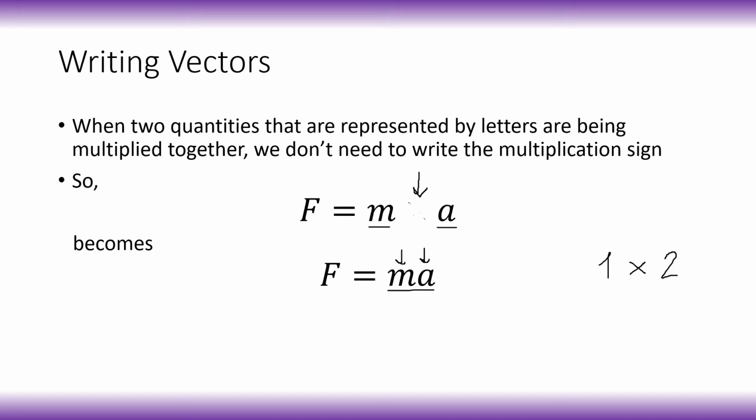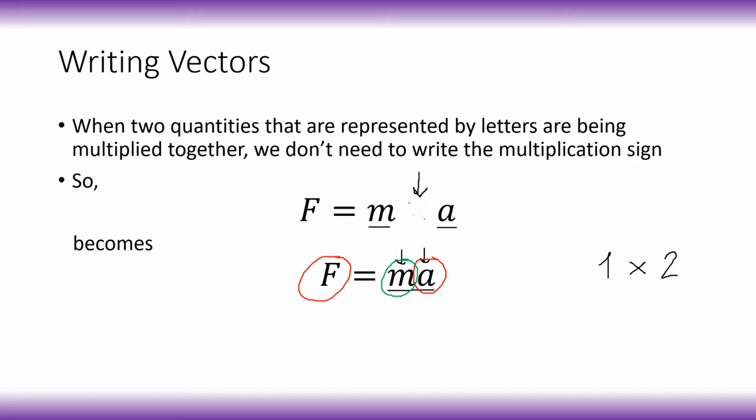Now we have this new condensed notation where instead of writing out the whole word force equals and then the whole word mass times the whole word acceleration, now we've reduced it to F equals ma. But this thing is a vector quantity, and this thing is a vector quantity, but this thing is a scalar quantity. So once again, just by looking at it right now, we have no idea how we're supposed to tell those apart aside from the circles that I've drawn around them.